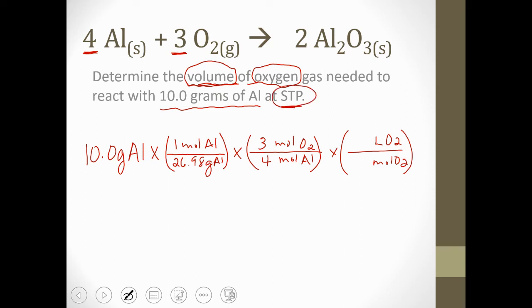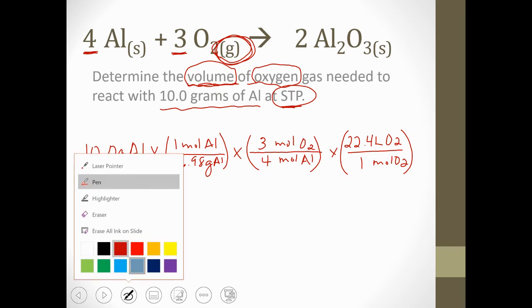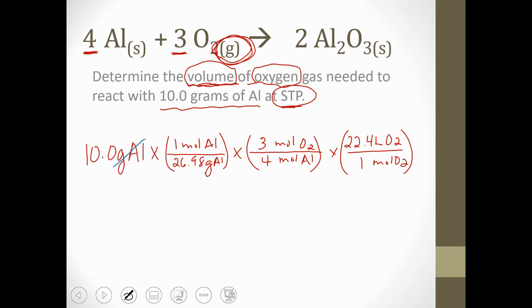Since it is at STP, we know that 1 mole of any gas, and oxygen is a gas, and you know that because of the little subscript G standing for gas, occupies 22.4 liters of space. We have now set up our stoichiometry where our units divide out, and we are left with the unit we're looking for, the liters of oxygen.